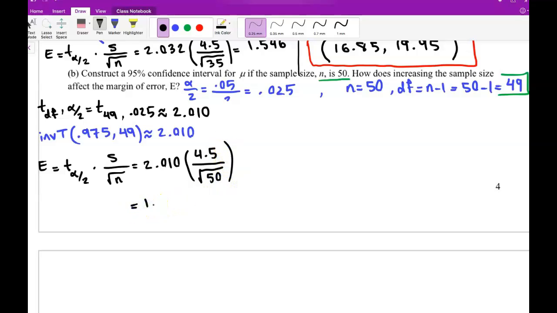So that is 1.28. Okay, so 4.5 divided by square root of n. Answer is 1.28.